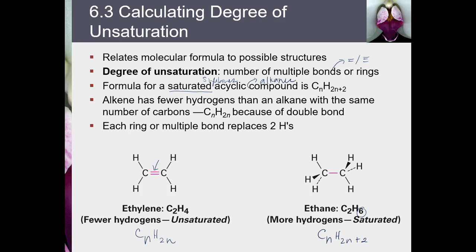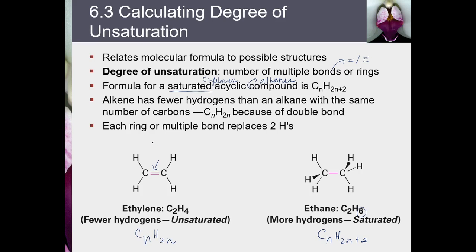So yung alkanes, ang formula niya is CnH2n+2. So your alkenes have fewer hydrogens than an alkane with the same number of carbons like this one. Dalawang carbons pero nabawasan siya ng dalawang hydrogens. So the formula for alkenes nga is CnH2n because of the double bond.